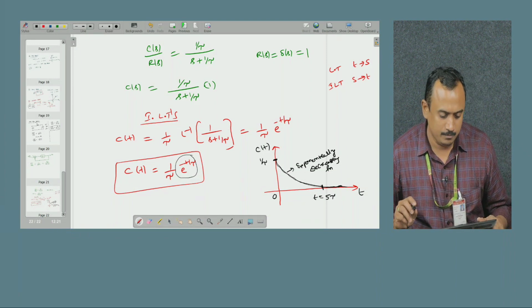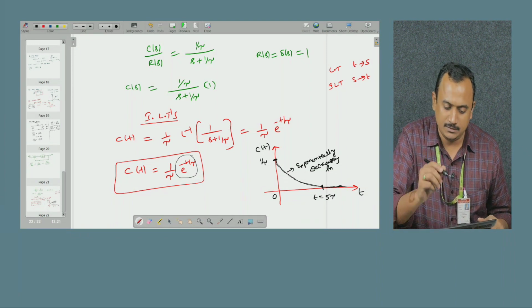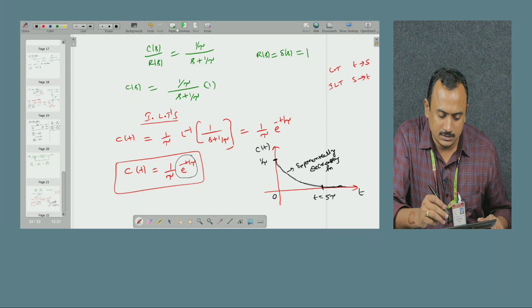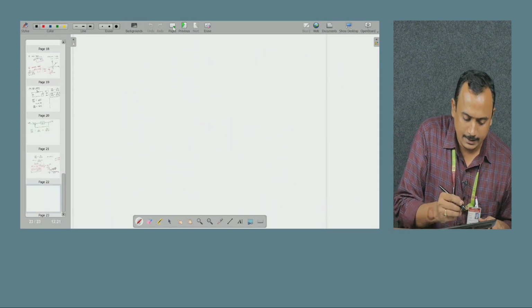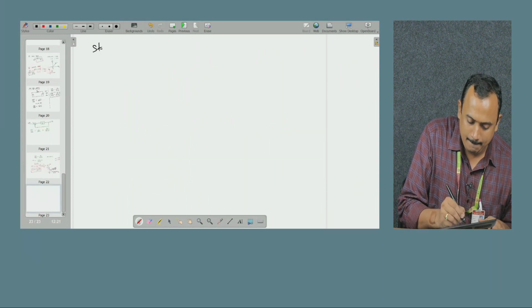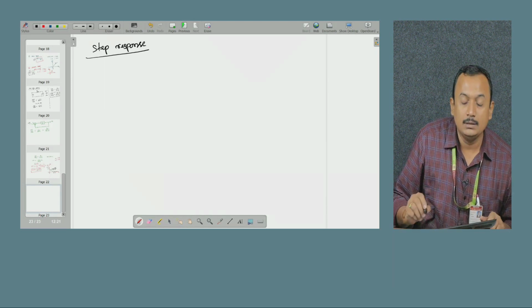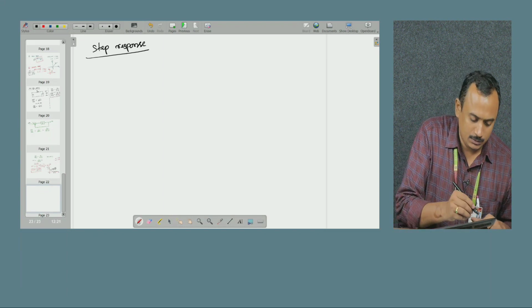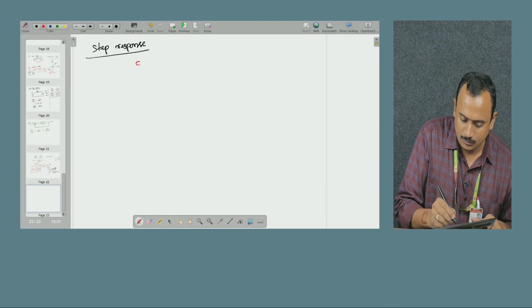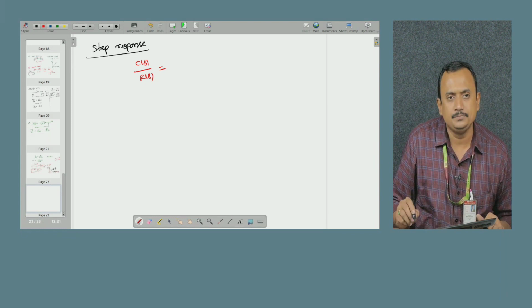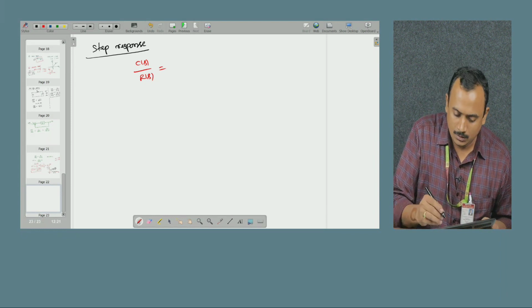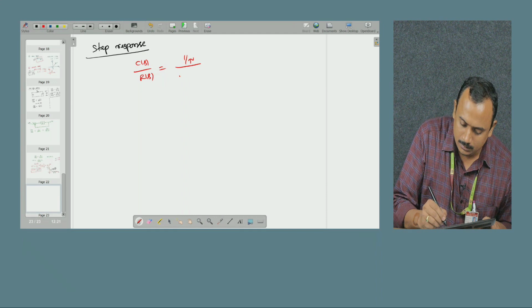Okay. Now let us see the same for unit step response of the first order system. So what is first order system? C of s by R of s is equal to 1 by tau by s plus 1 by tau.